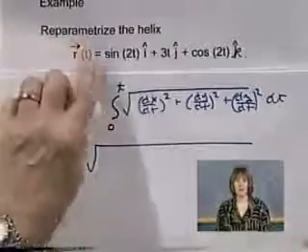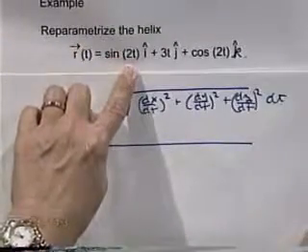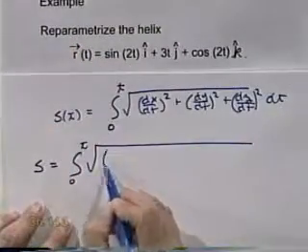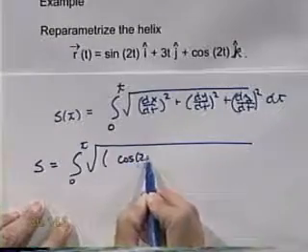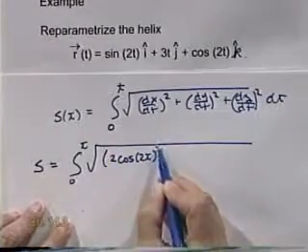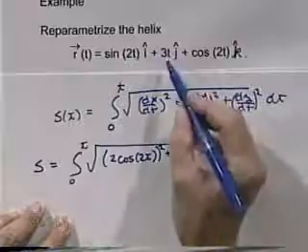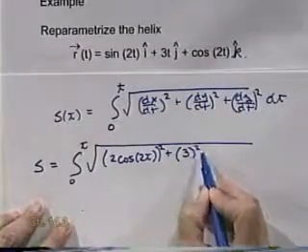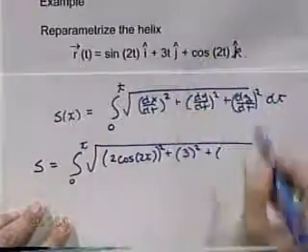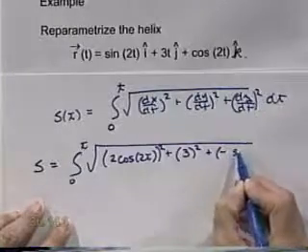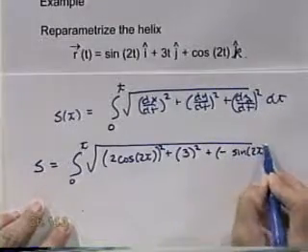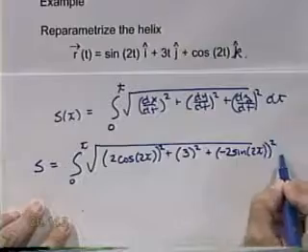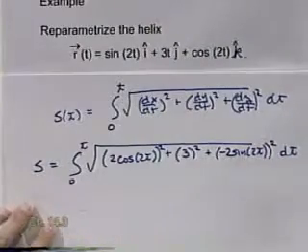There you go. What's the derivative of sine 2t? It is cosine of 2t times 2, right? And the derivative of 3t is 3, and the derivative of cosine 2t is minus sine of 2t times 2. We all okay with that?